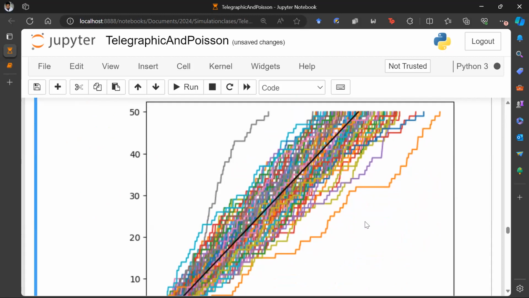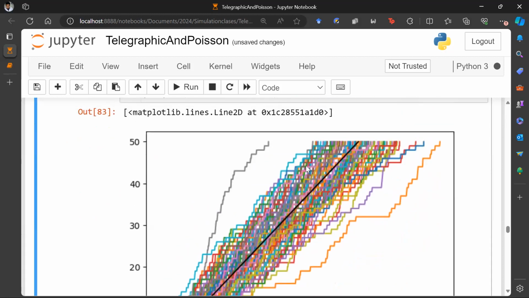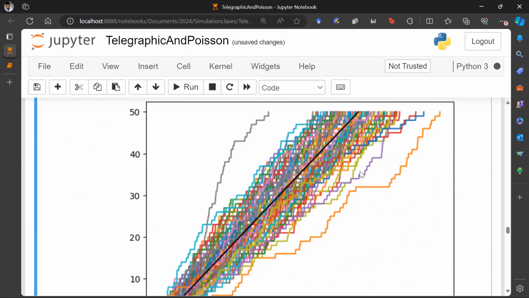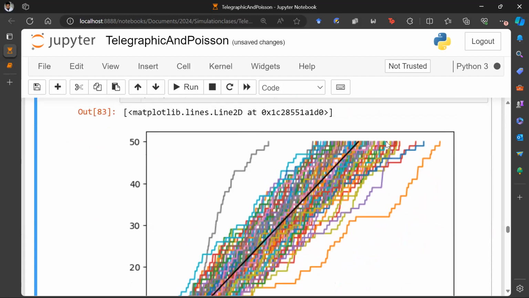And this is the typical Poisson process. In this case, I stop when it reaches 50, and I do a new cell. You can also stop if you reach a given time. But this kind of simulation helps you to get the first passage time of reaching a number of molecules.